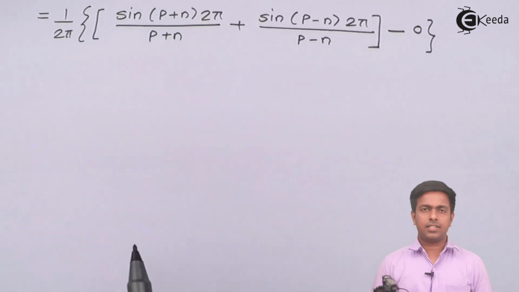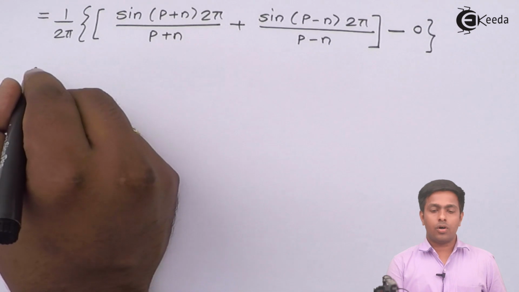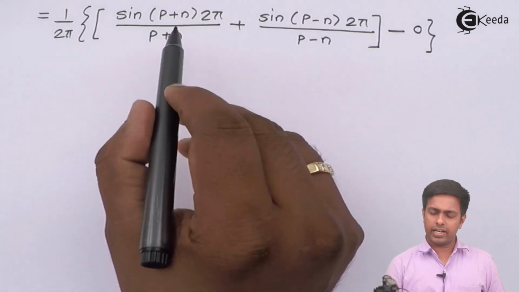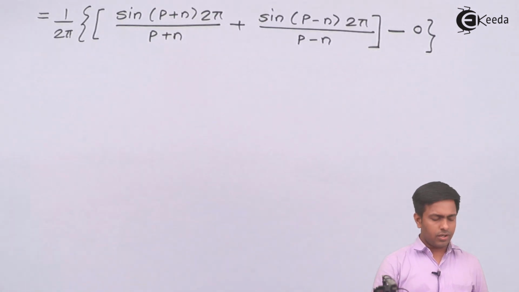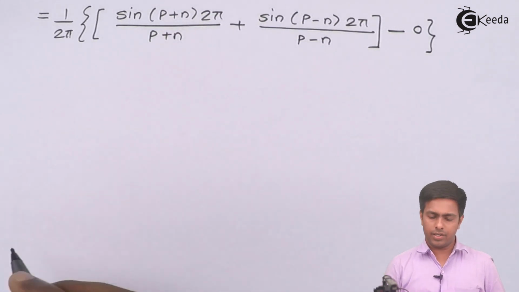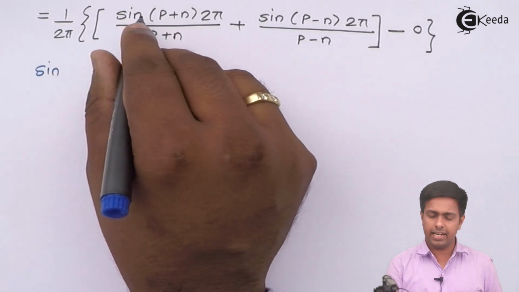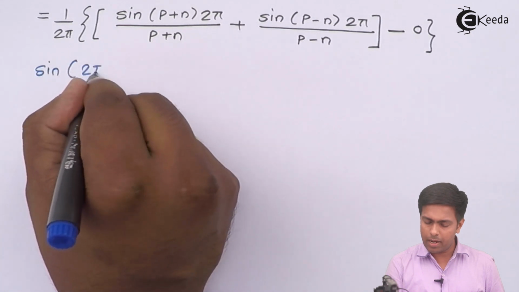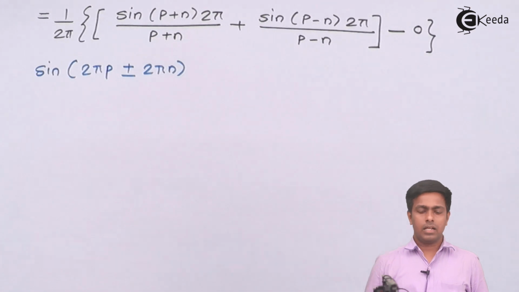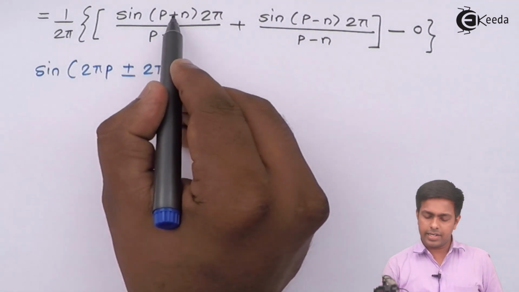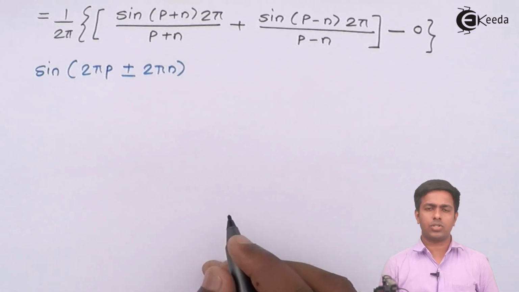Now let's solve these two terms. So here we will get 1 upon 2 pi as it is, and we'll get some values for this. Now guys, to find out the value of these two terms, I'll solve these two terms separately. So here I'll say the value of sine of, I'll take 2 pi inside, so that will become 2 pi p plus or minus 2 pi n. Now see here, this sign is plus and this sign is minus. So for both the terms I'm finding the result together.